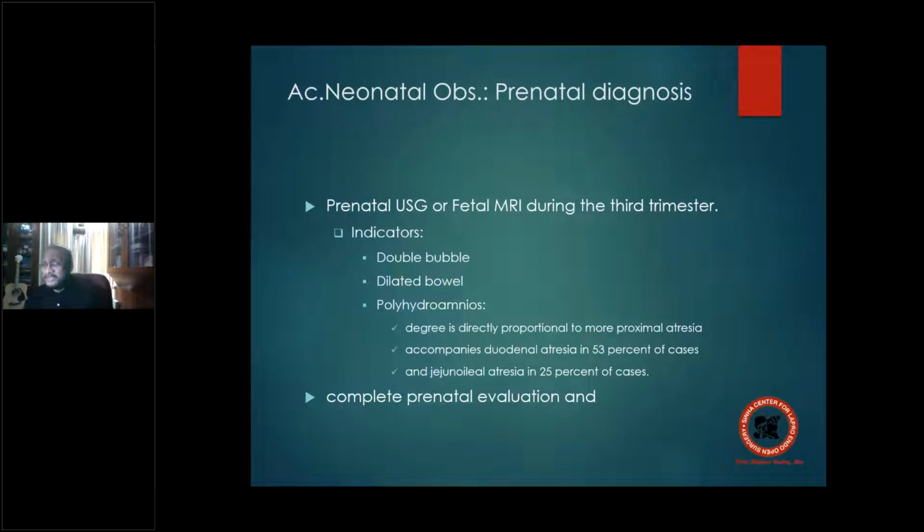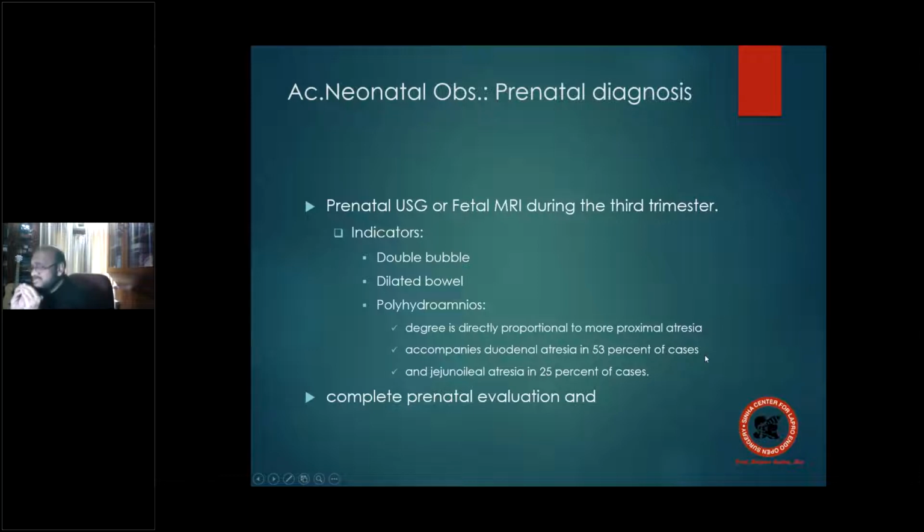Now, the degree of polyhydramnios is directly proportional to more proximal atresia. Basically, meaning the more proximal the atresia or obstruction, the more the polyhydramnios. So it accompanies duodenal atresia in 53%. But if you go for the more distal blocks, the jejunum and ileum, it becomes less, found in 25% of cases.